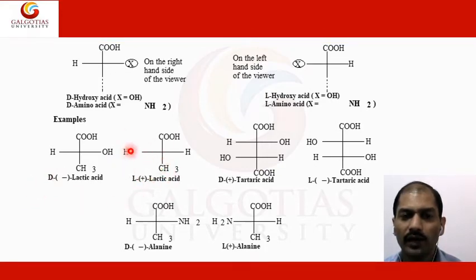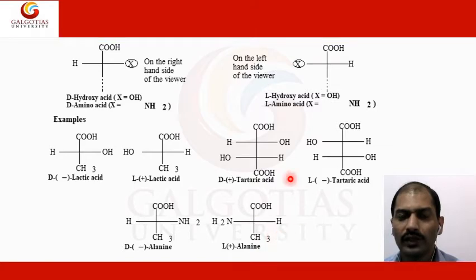And if it has the group on the left hand side, as per the convention, it will be L lactic acid. Similarly, in other examples, the amino group is on the left hand side and this is on the right hand side. But these conventions do not hold for molecules having different groups.